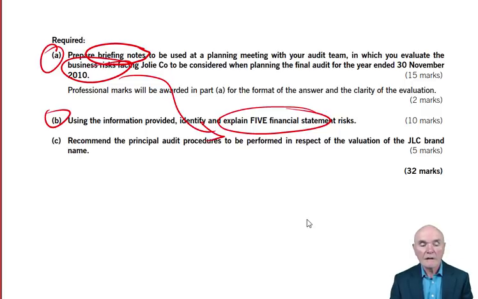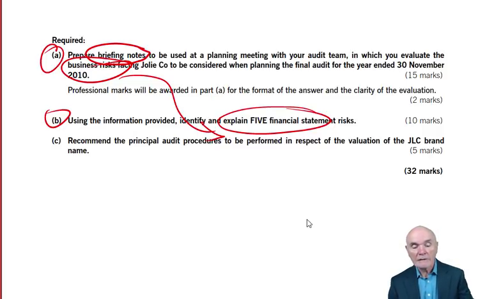Part C asks us to recommend the principal audit procedures to be performed in respect of the valuation of JLC brand name. It's 5 marks. I think we're looking for 5 audit procedures if we could.